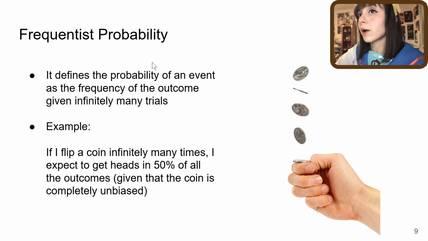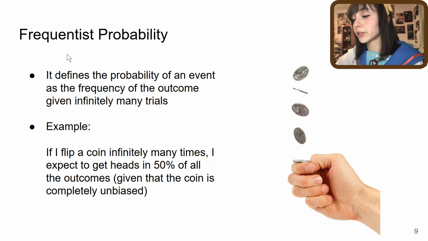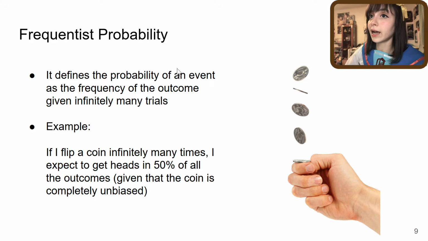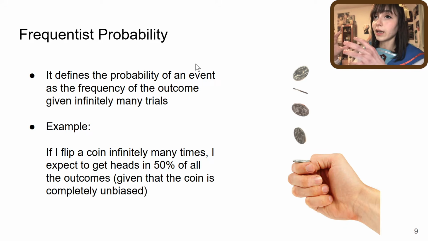So one interpretation of probability is known as the frequentist probability. It defines the probability of a particular event as basically the frequency of the outcome given that I repeat a specific trial infinitely many times.